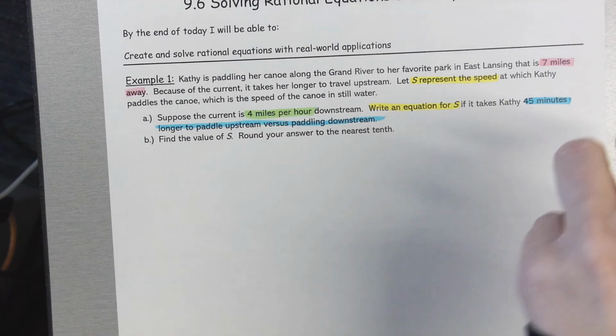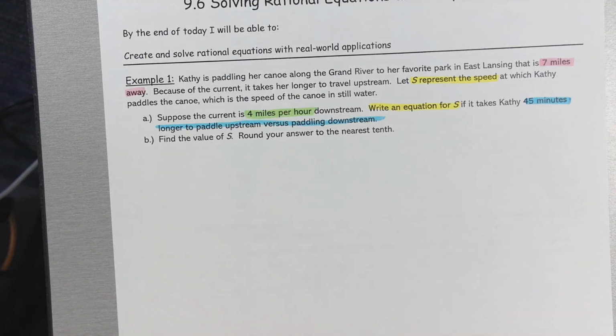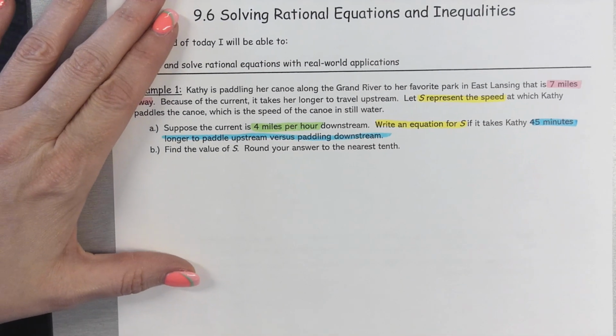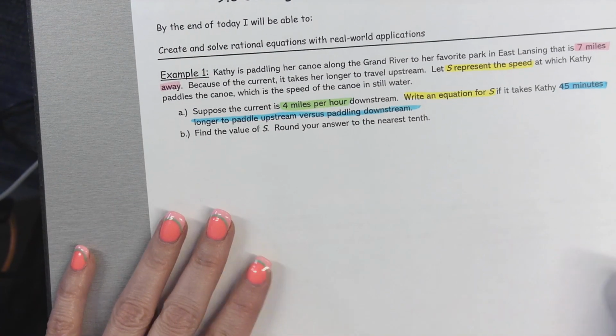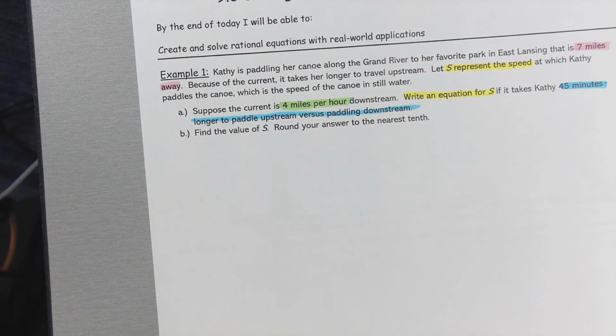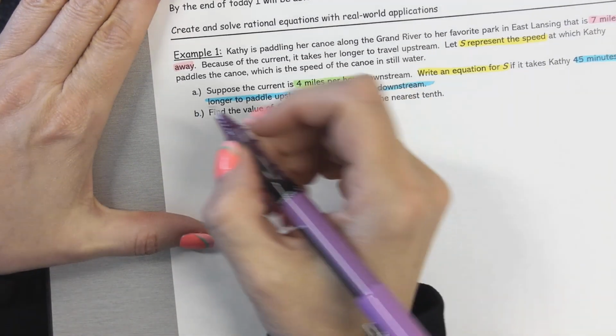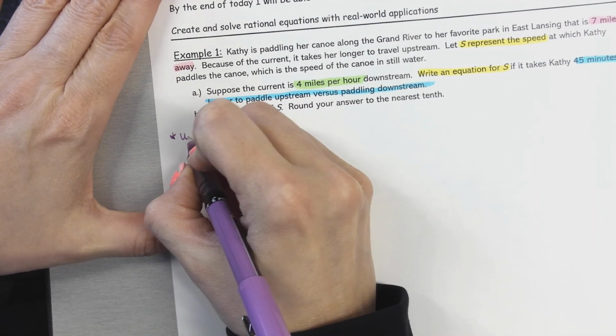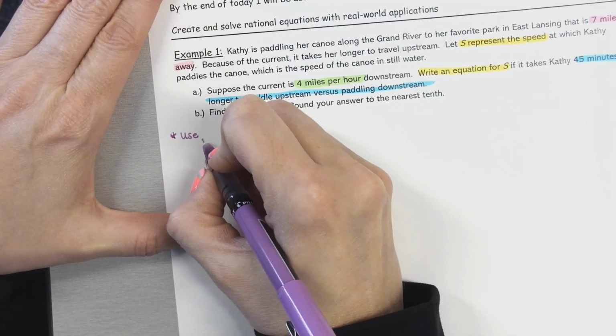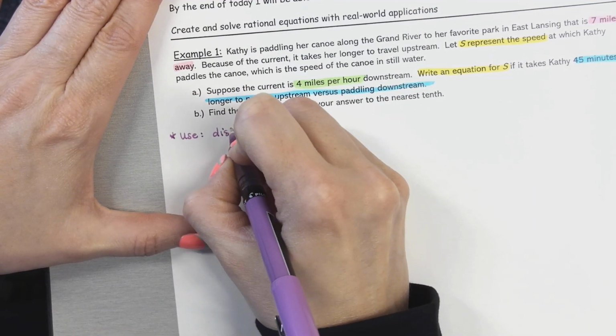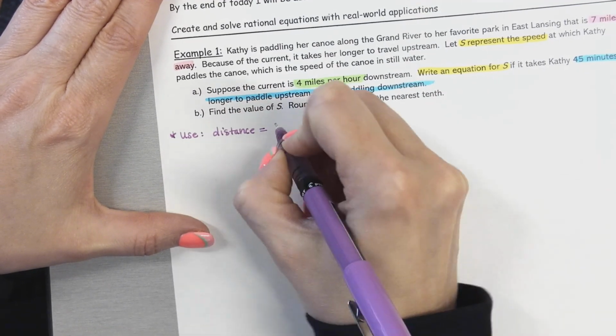Since this is new for us, I'm going to help you organize this information with a very common equation that you may have seen before, either in a math class or a science class. We're going to use distance equals the rate times the time.